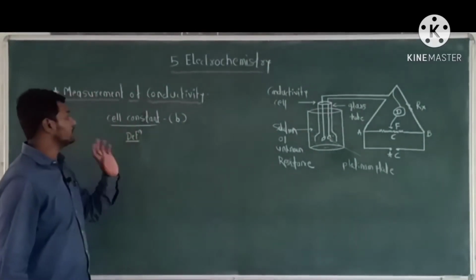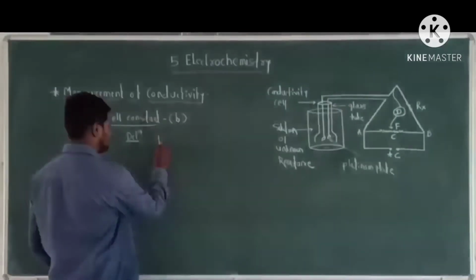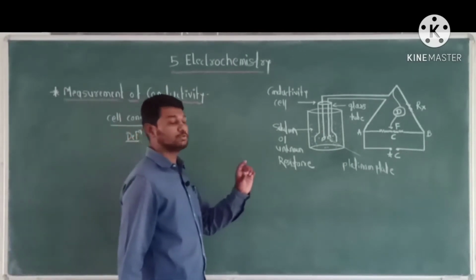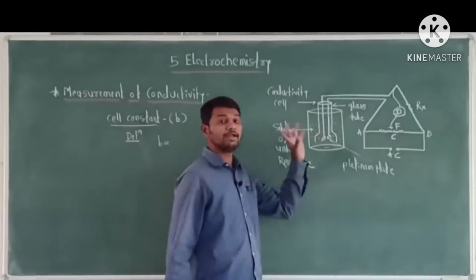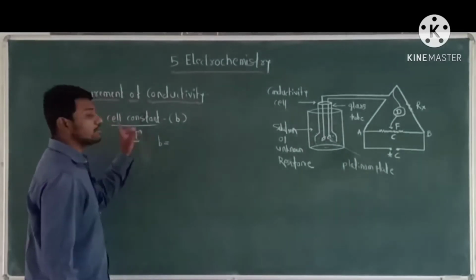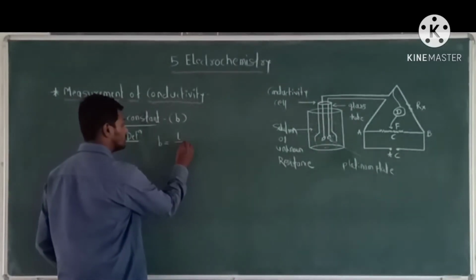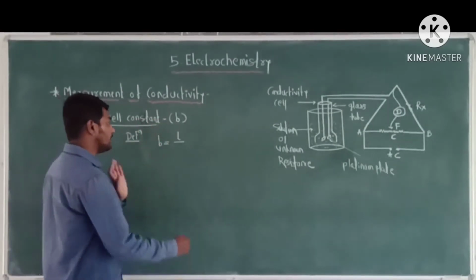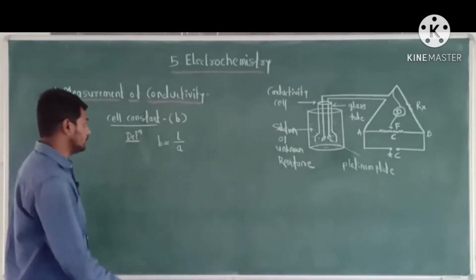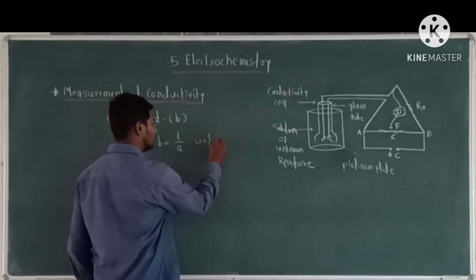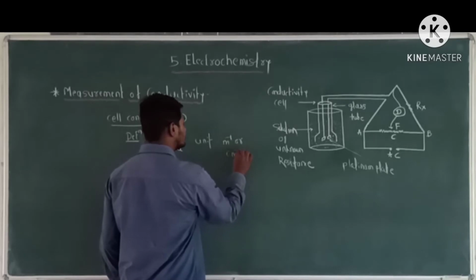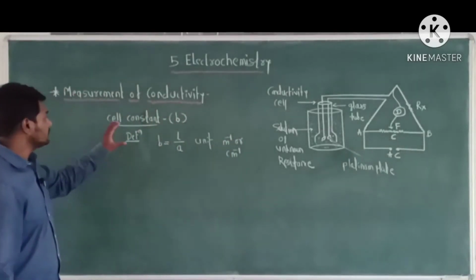This is called the cell constant. The unit of cell constant is per meter or per centimeter.